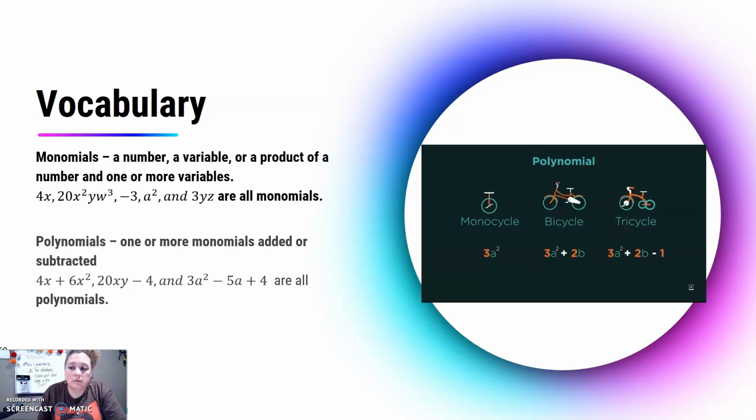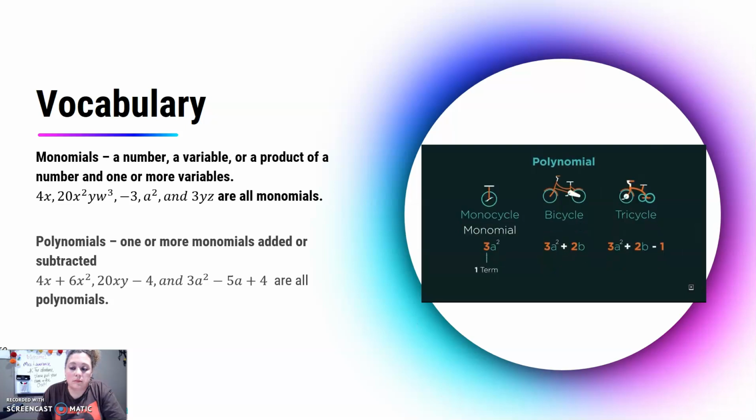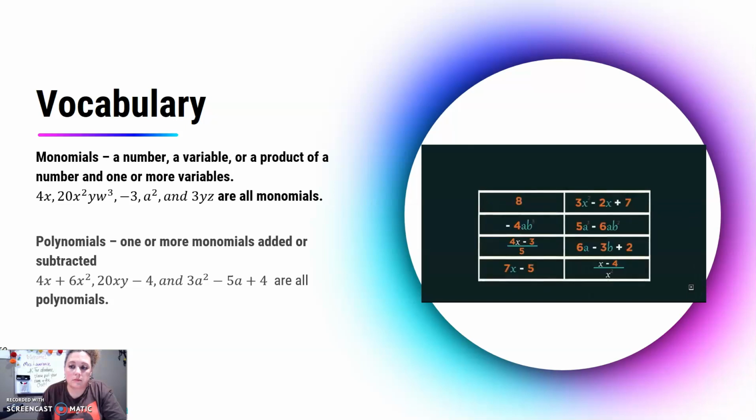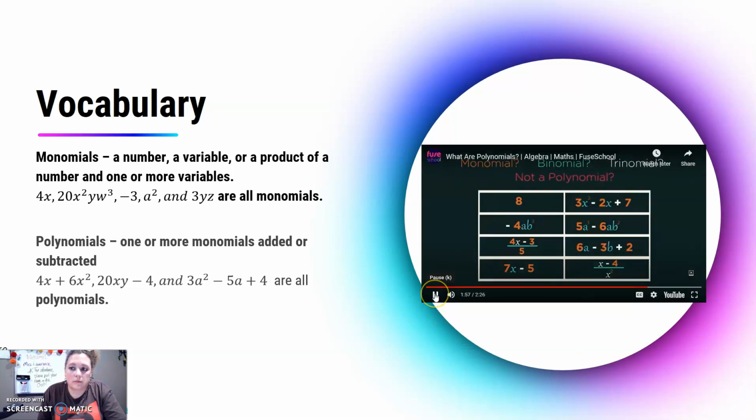I'm sure you guessed it. A monomial has 1 term, a binomial has 2 terms, and a trinomial has 3 terms. More than 3 terms we just call a polynomial. So which of these are mono, bi, or trinomials, or not polynomials at all?